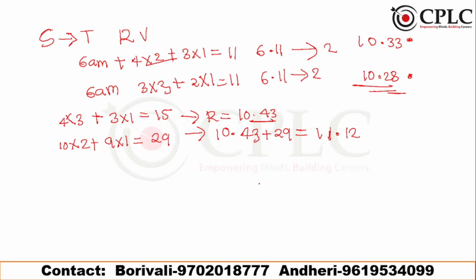So traveling time between again R and S is 4 threes are plus 3 ones are, which is again 15 minutes basically. Between V and S there are 3 stations, and that means 11:03 plus 15 minutes gives us 11:18 as the correct answer.